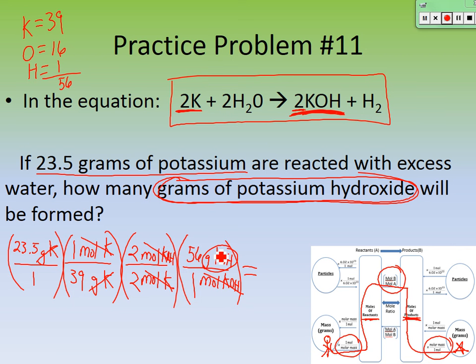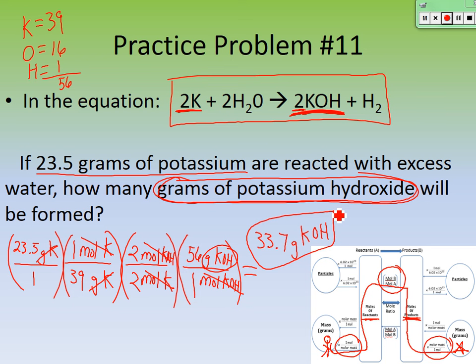Did you guys get 33.7? Okay, so I got 33.7, and what are my units? Grams of KOH. So let's not get lost in the numbers. Let's not get lost in the process.